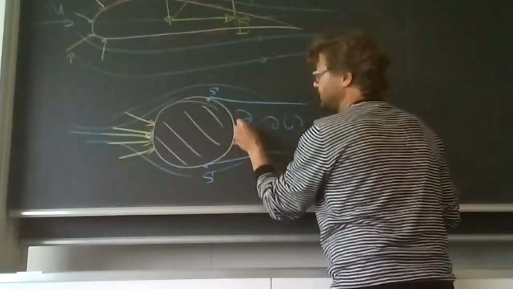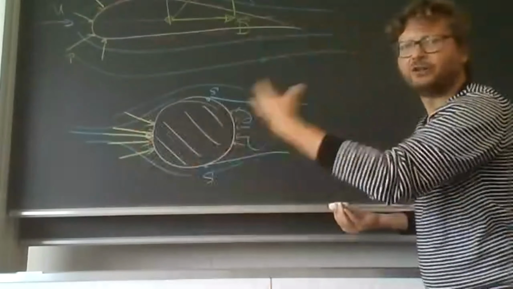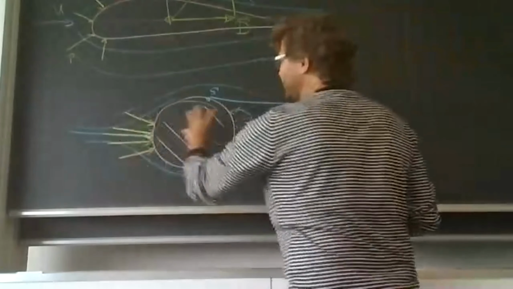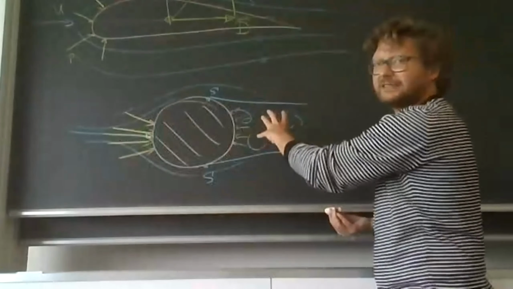We see this later. But the main message is the high pressures here on the leading edge are not counterbalanced by high pressure here. Here in the wake, the pressure is typically much lower than the pressure on the upstream side. So we're pushing here hard and we're pushing here only a little back.